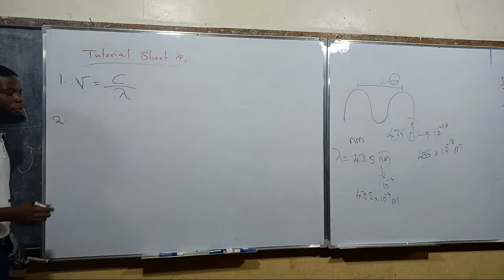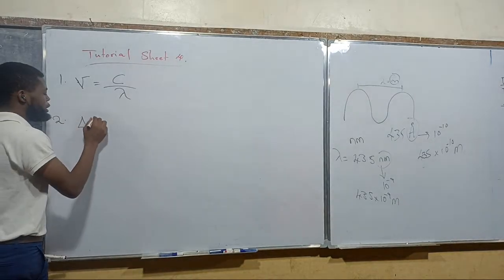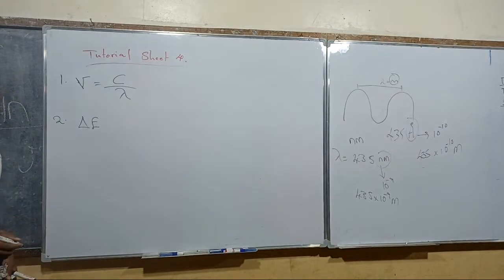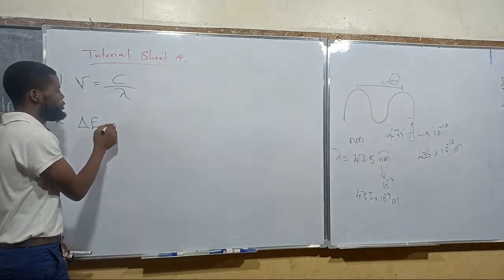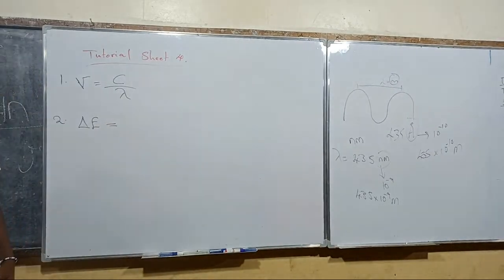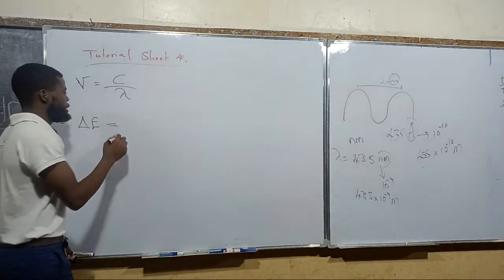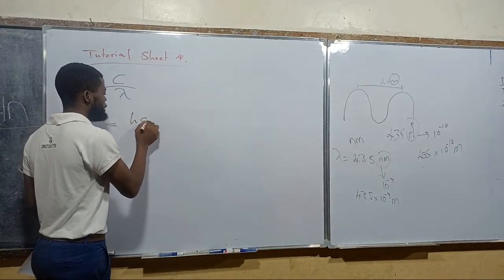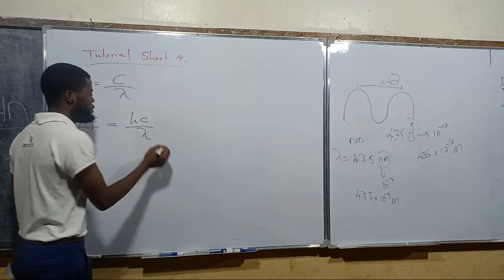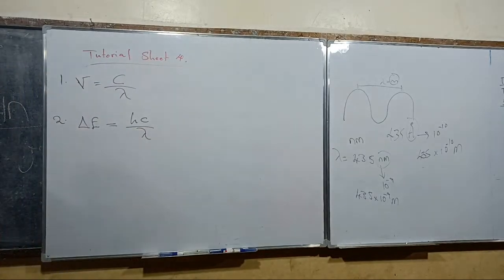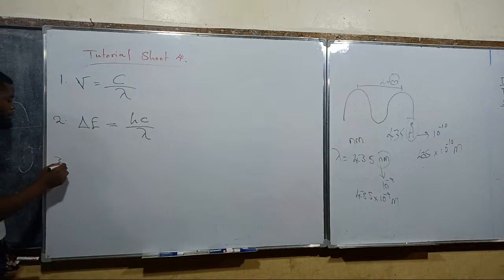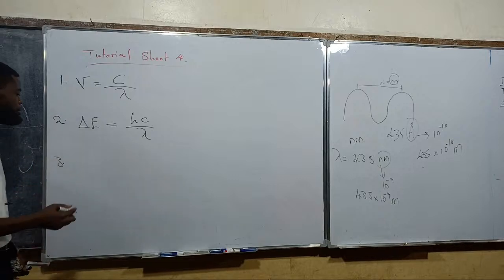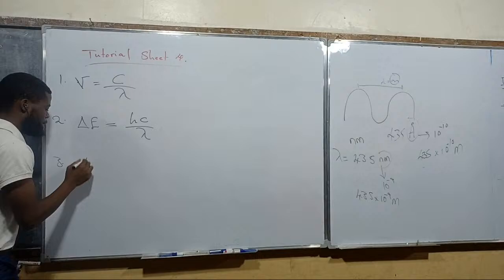The second concept we've talked about is the change in energy. The energy that is possessed by a photon, or the energy that is possessed by light, can be calculated using hc over lambda. And then the third concept that we talked about is the Bohr model.